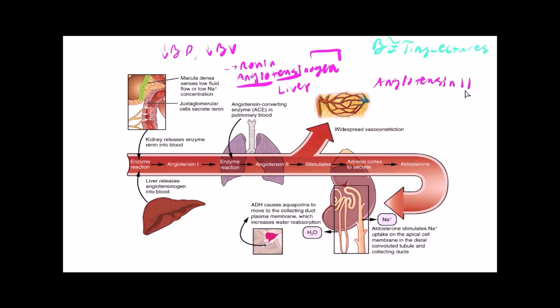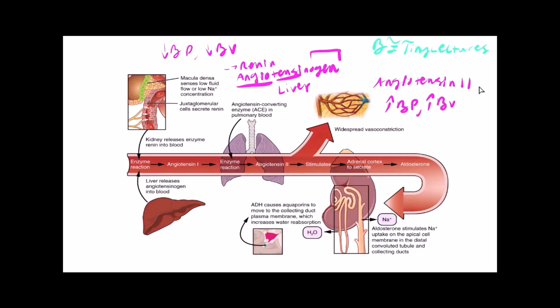Well, it looks like an 11, but it's a 2. And what angiotensin 2 normally does is that it's going to constrict the vessels inside the body. So for instance, we're going to constrict the vessels inside the kidneys, and that's going to increase the blood pressure. Later on, you'll find out that we also increase the blood volume.